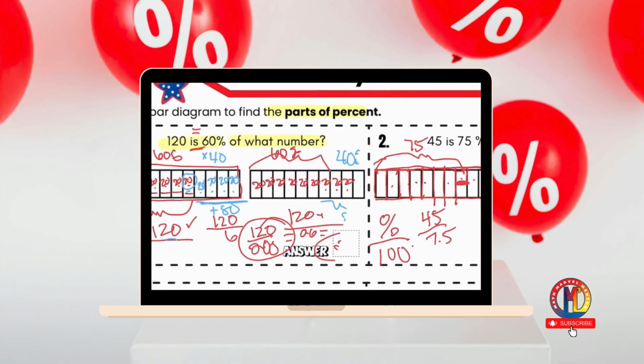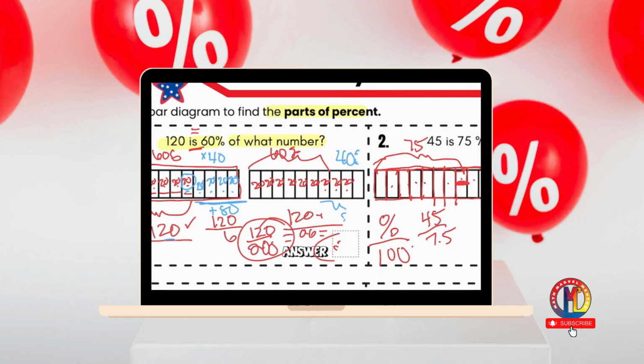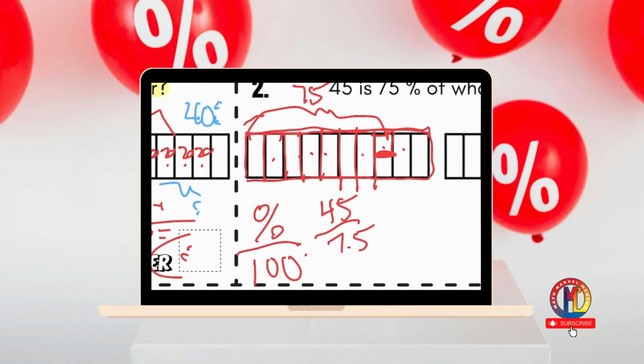Just like we did over here, we divided by 6 because I had 6 bars, right? So the 6 bars, this is 75%, but I'm dividing by the 7.5 bars that I'm using to represent it. So 45 divided by 7.5 equals 6. So that tells me the value of each of these bars is 6.